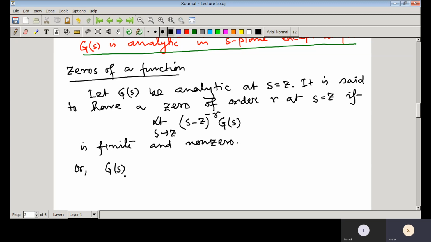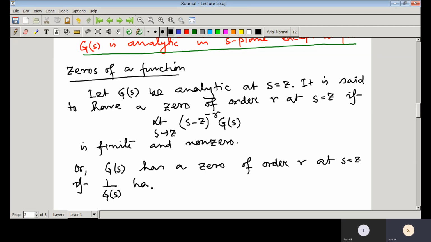So that means G(s) has a zero of order r at s equal to z if 1 by G(s) has an rth order pole at s equal to z.